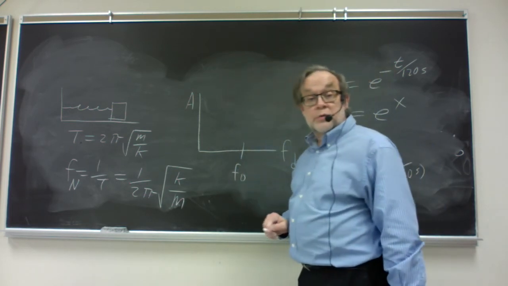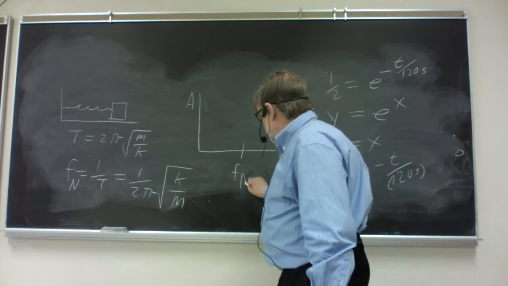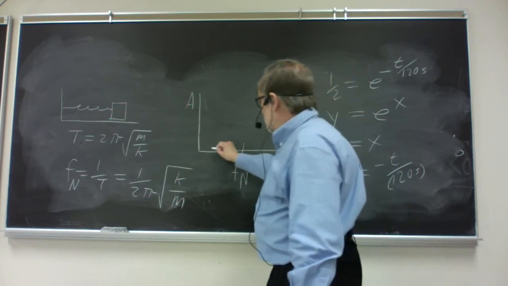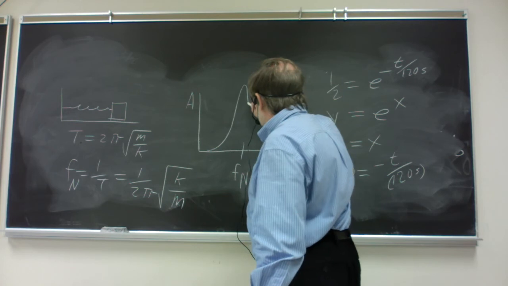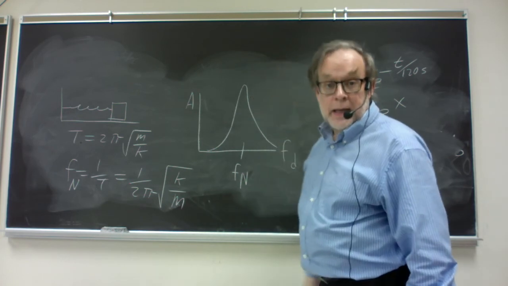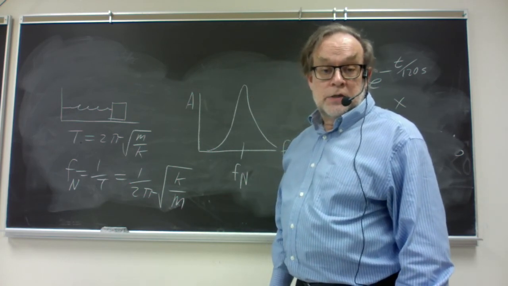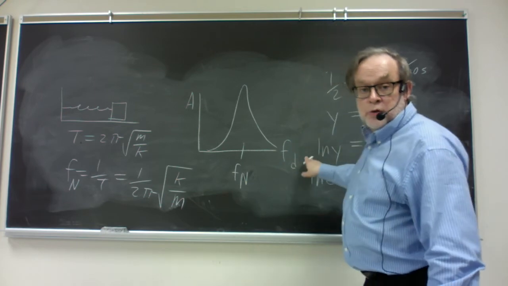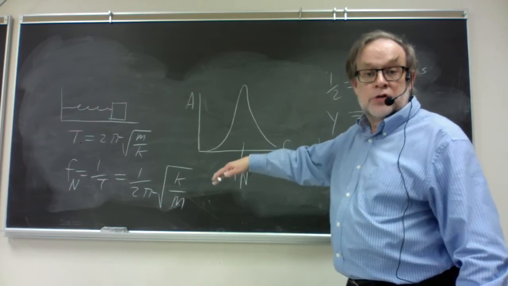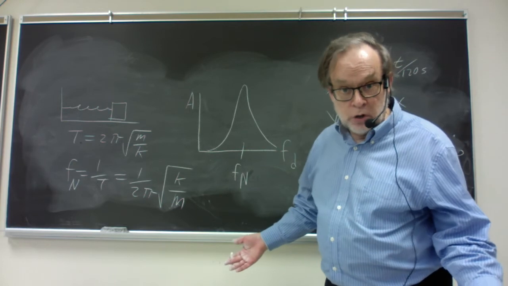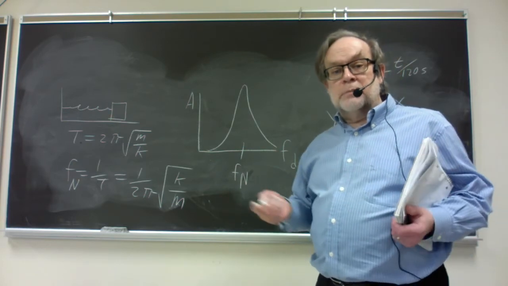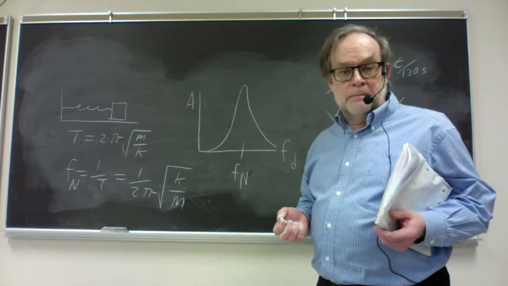If the driving frequency gets close to the natural frequency, you get big amplitudes. And the farther away the driving frequency gets from the natural frequency, the smaller the amplitudes. That's the basic idea behind resonance.